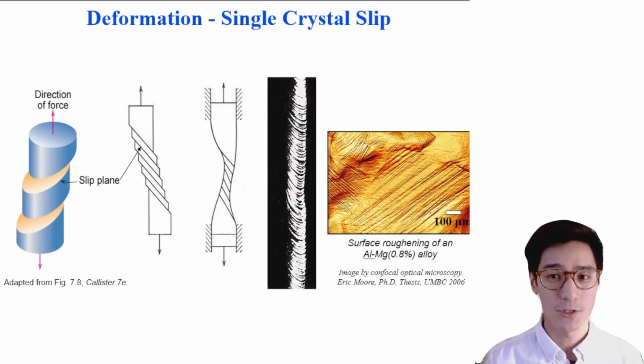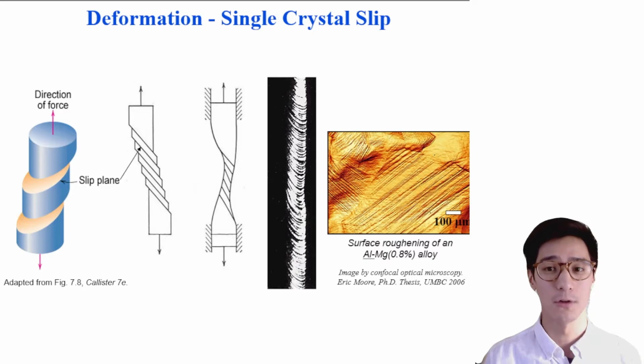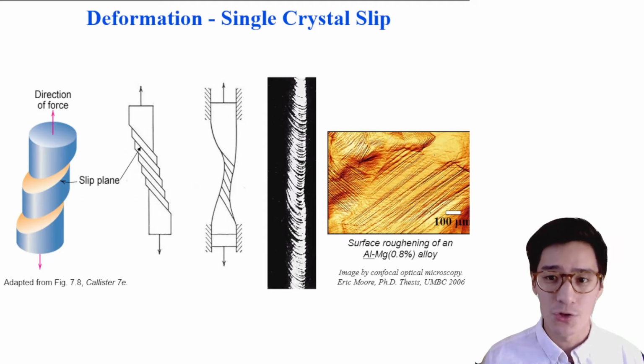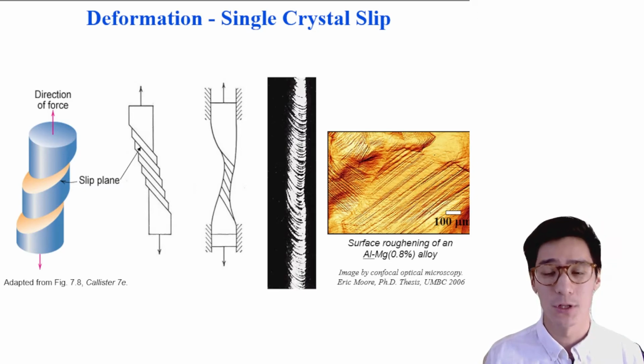As dislocations continue gliding out of the material, this can eventually result in visible steps on the surface of the material, as seen at the right here in an aluminum-magnesium alloy. If the ends of the sample are constrained, as shown in the middle, internal rotation actually begins to occur. The internal rotation of slip planes means that the Schmid factor begins to change and multiple systems can now begin to become activated, resulting in further deformation of the material.